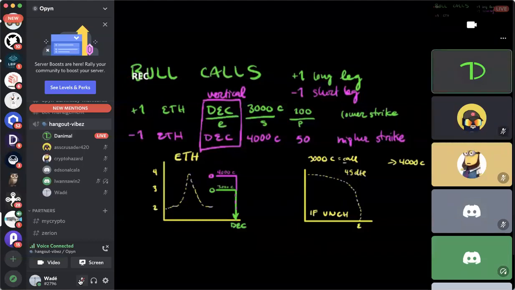So in this case, you benefit from the underlying going above those strikes, right? You don't really want it to go between, and you really don't want it to go below. So there are varying degrees of success of this strategy. If it's down here at expiration, you'll be very sad.